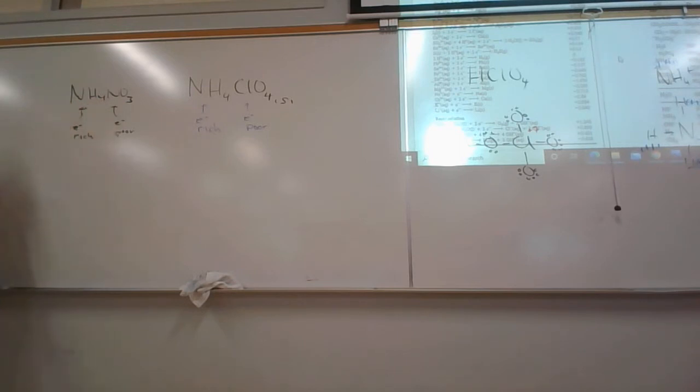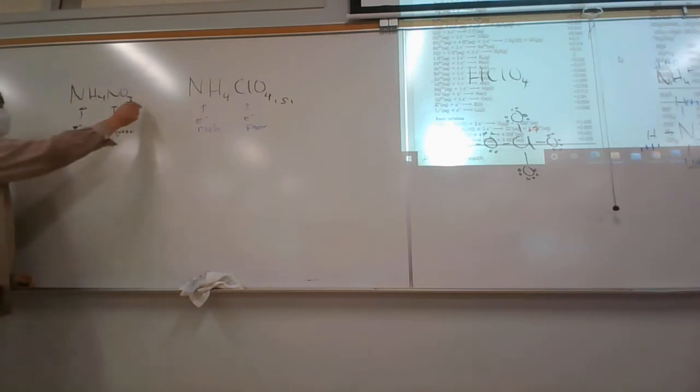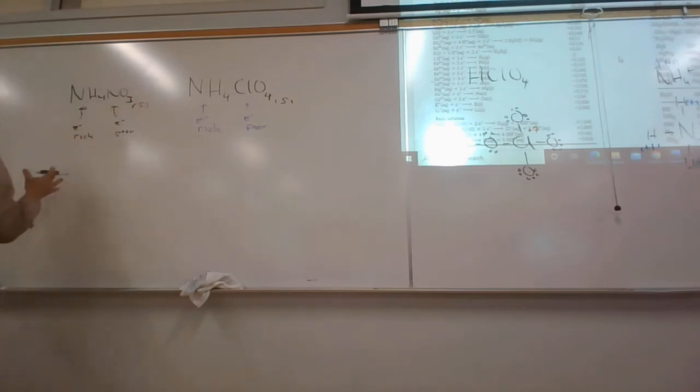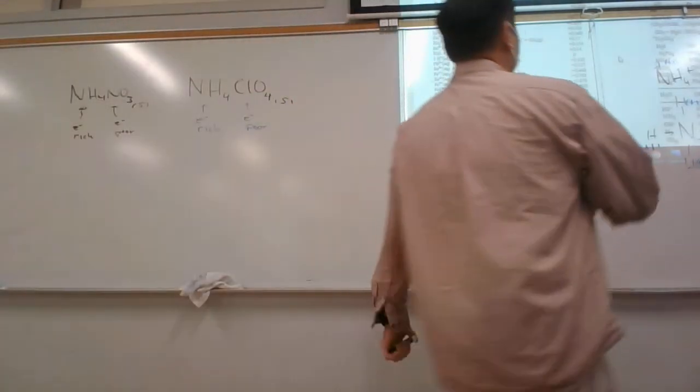There's going to be a reaction, right? And so ammonium nitrate, this stuff doesn't look so great either. Versus sodium nitrate. Sodium nitrate, I'm not going to worry because sodium ions, does it have any electrons to give up? No. So sodium nitrate is fine, perfectly stable. Ammonium nitrate, no. Not so great.